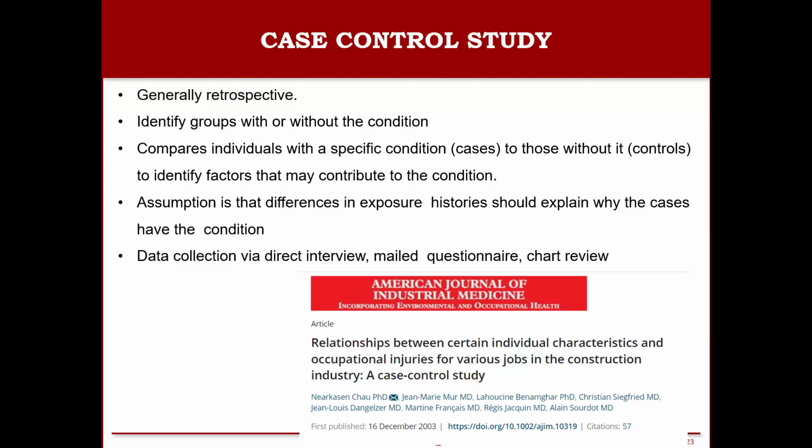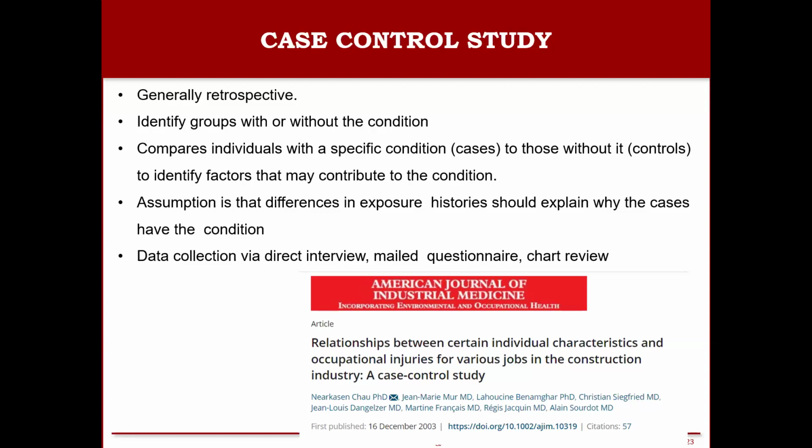So cases means those are the individuals who have the condition. Or if it is regarding a disease, cases means those are the individuals who have the disease that you are going to study, right? And control means those are the individuals who do not have the condition, and they are similar to the cases in other characteristics, right?